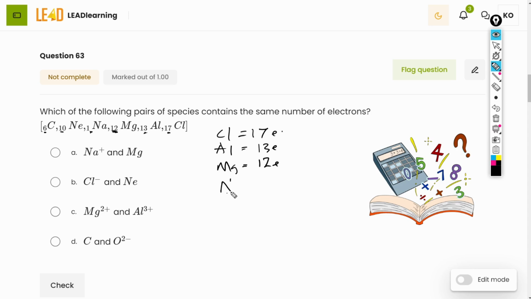Sodium, okay, let me skip sodium. Let me go to neon. Neon has 10 protons. That means it has 10 electrons. Carbon has 6 protons. That means it has 6 electrons. There's something wrong with this particular sodium, so I need to flag this question. Because if it is just sodium atom, then it should have 11 protons.